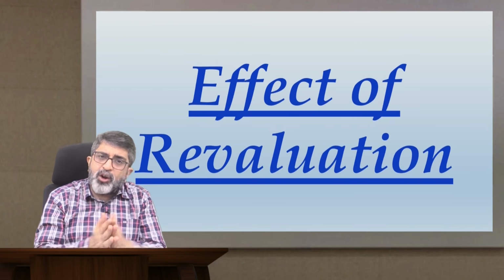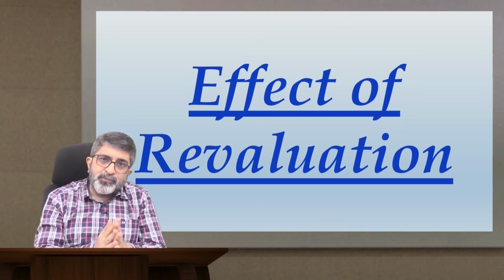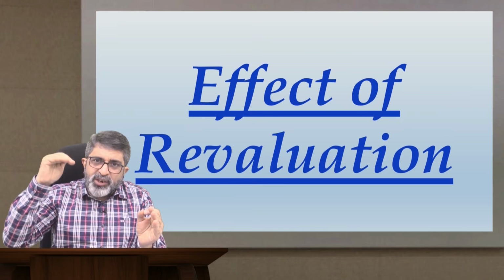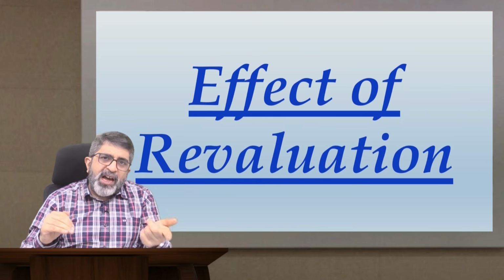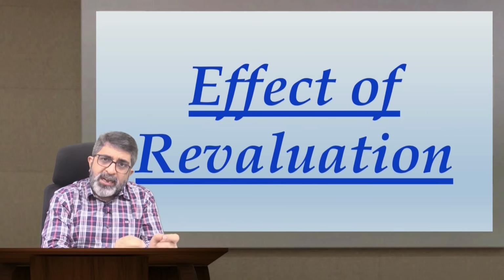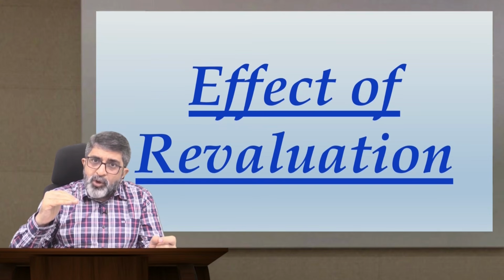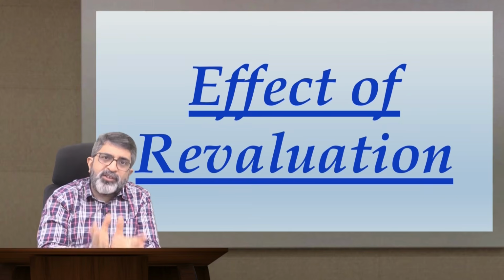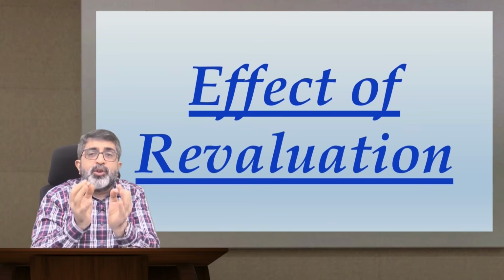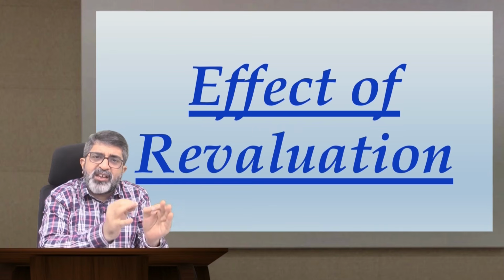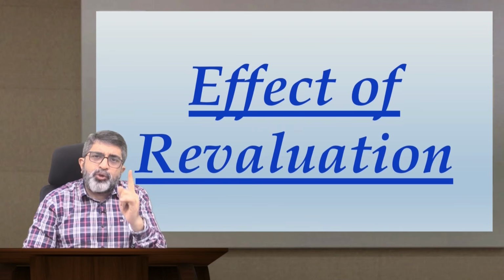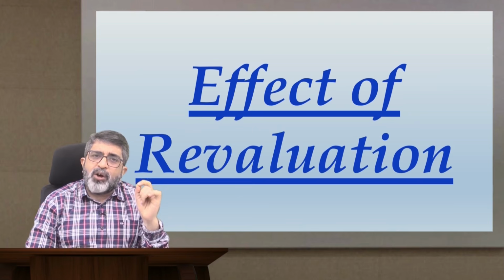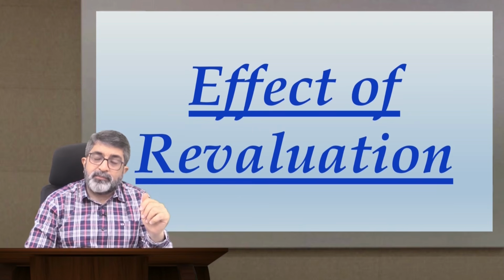So the first time you make a revaluation, if it is downward, put that charge on your income statement. If it is an upward revaluation, there is a revaluation surplus, and that surplus should not be recognized as a gain in your income statement. It should be accumulated in a revaluation reserve through the statement of other comprehensive income.